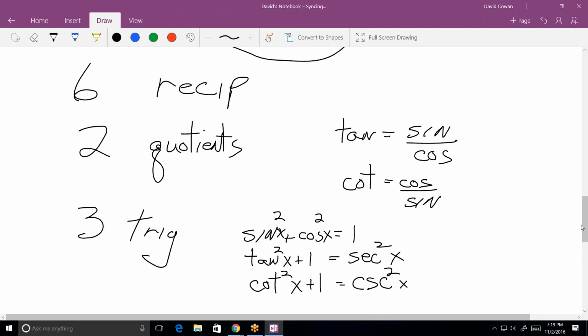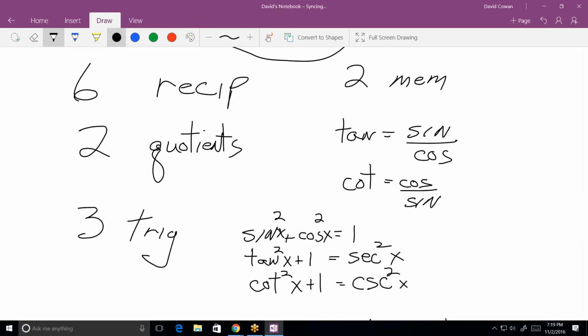In other words, you know the 6 reciprocal identities, and of those, you only had to memorize 2 of them. So if you can memorize sine and cosine, that's all you have to memorize, right? You know tangent goes with cotangent no matter what you're talking about.